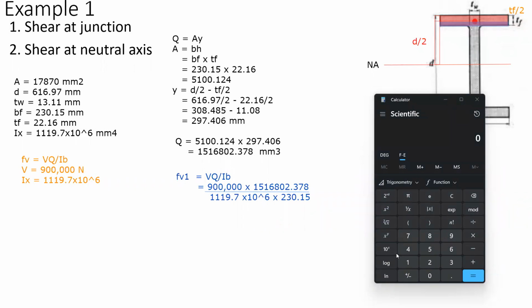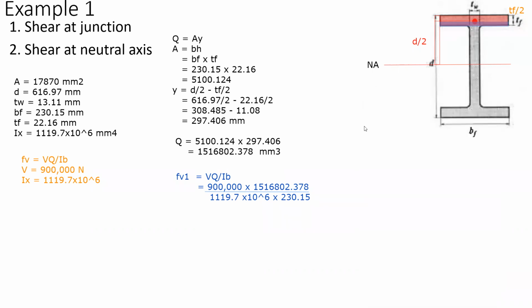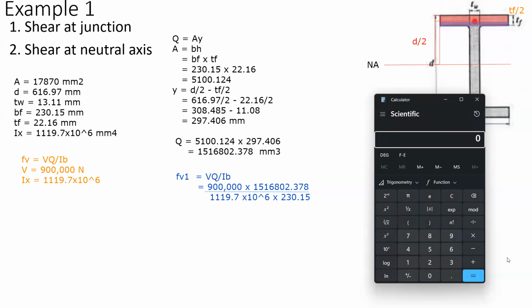So let's put that here. We have 900,000 times 1516802.378 divided by I.